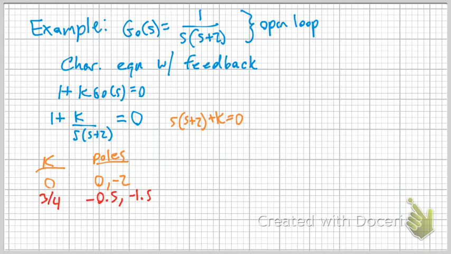Okay, so I realize that I want to use color because we're not stuck with green chalkboards, so we can be a little bit more creative. We started off with our open loop poles at 0 and -2.